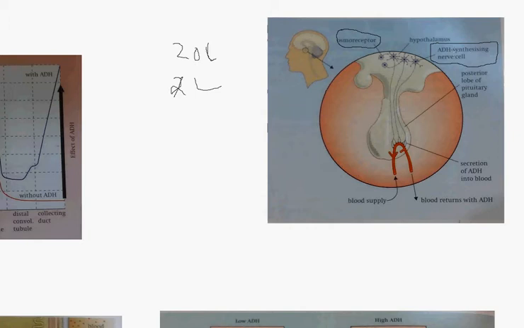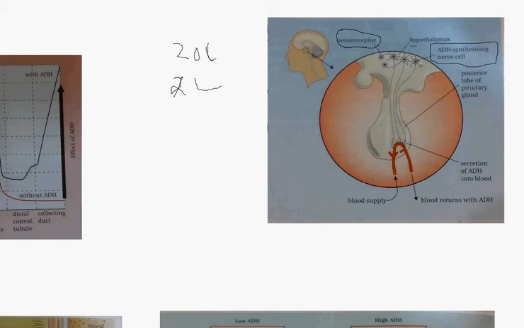Actually, this ADH synthesis is done in the pituitary gland. So the hypothalamus gets stimulated, and then it stimulates the ADH synthesizing nerve cells in the pituitary gland.